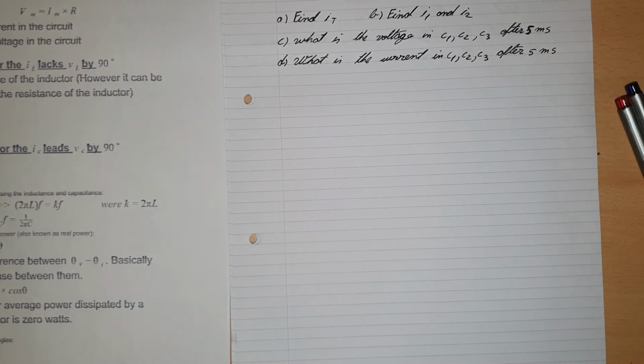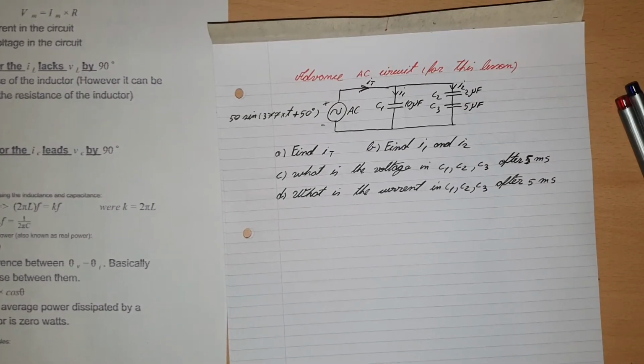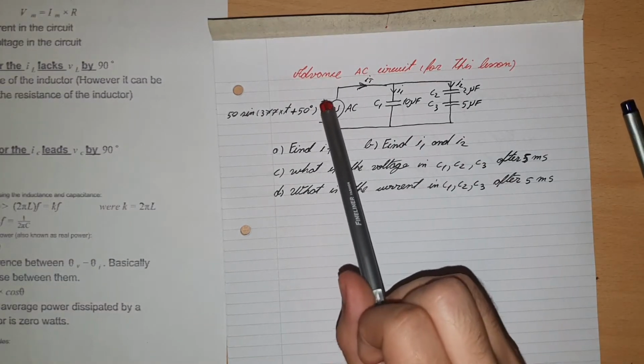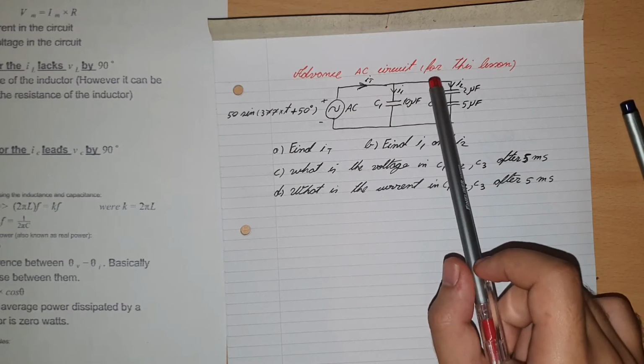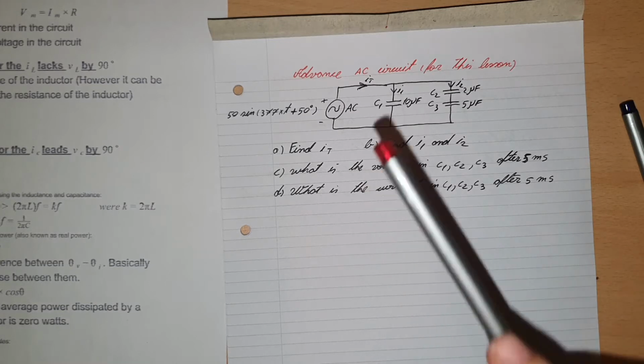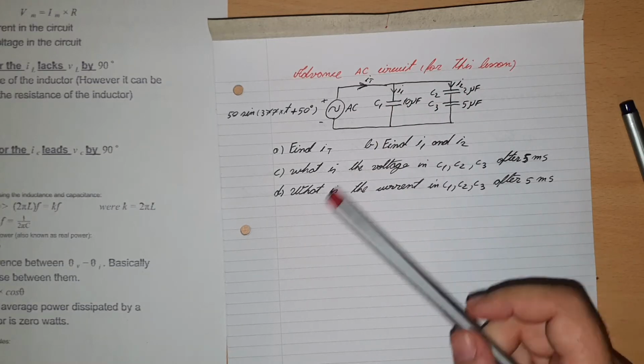Alright, so welcome to the last part of this lesson. This last part is about advanced AC circuits, advanced for this lesson obviously, because I can't really call any of them advanced yet. We are not at the core of AC, but for this lesson you'll think this is advanced because we are using multiple components.